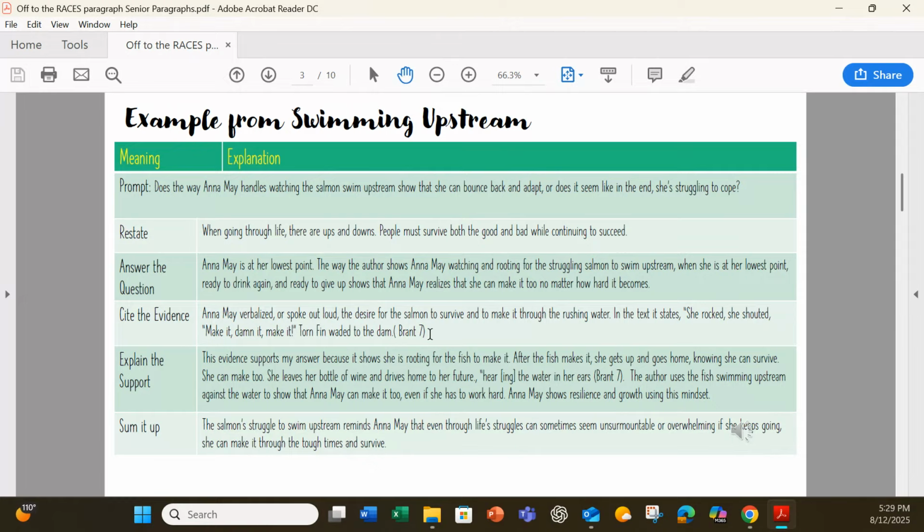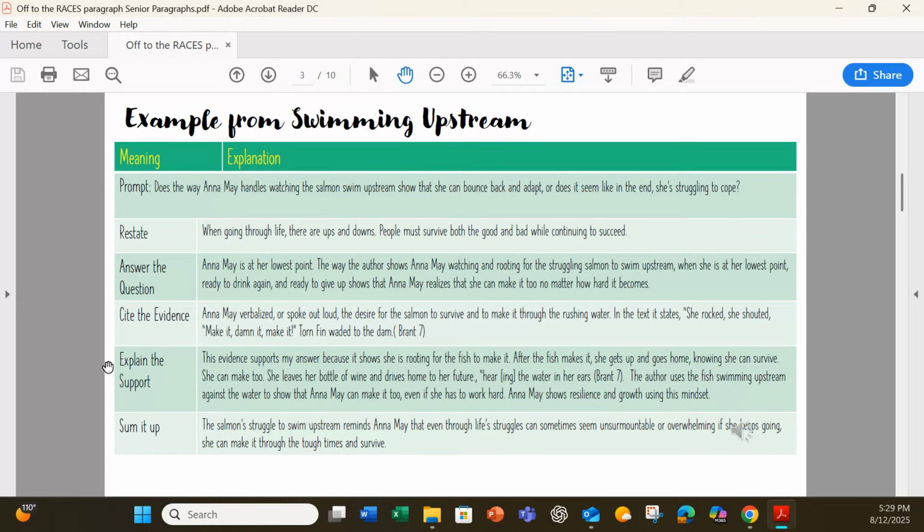Okay, so I went ahead and cited exactly how we knew that she wanted that salmon to survive, and that provides the reader with some evidence. I also added my own take on here. I said Anna May verbalized or spoke out loud the desire for the salmon to survive. I did that to set up the quote.